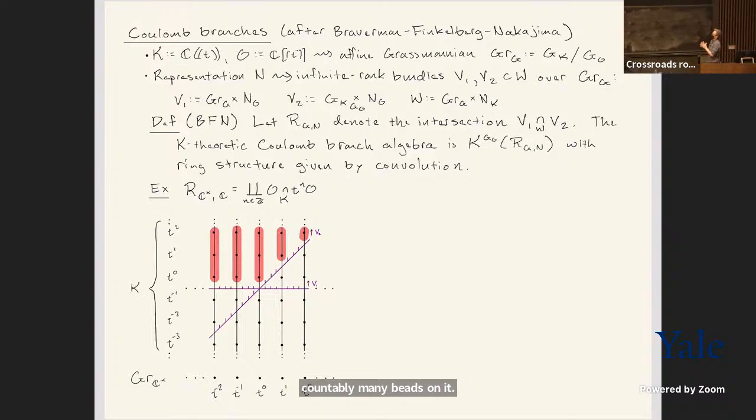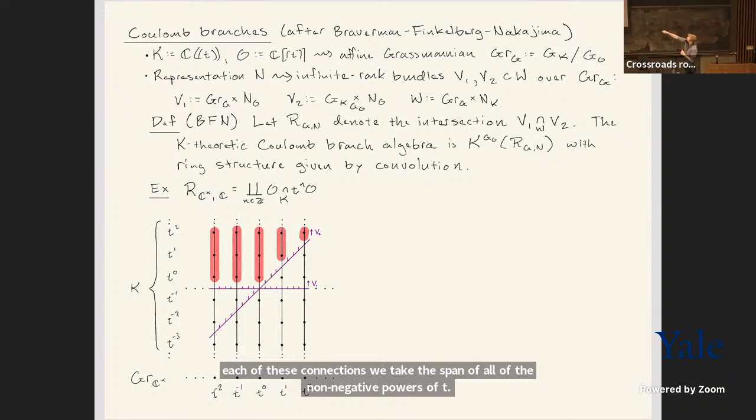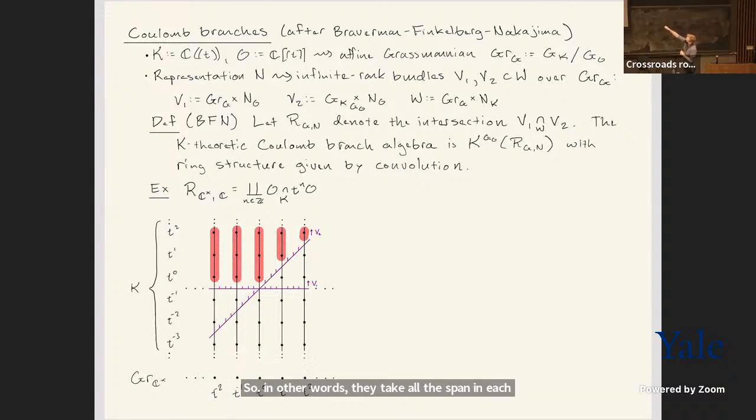And now we're told to intersect these two spaces inside W. Okay, what is V1 in the picture? Well, in each of these connected components, we take the span of all of the non-negative powers of t. In other words, in each component, I look at the span of all the beads that are above that horizontal line there.